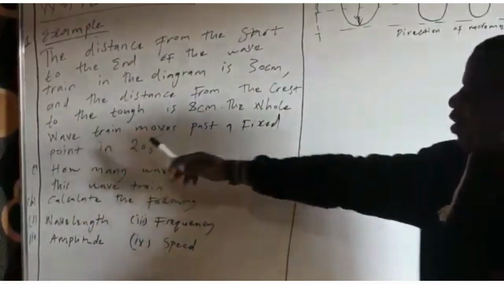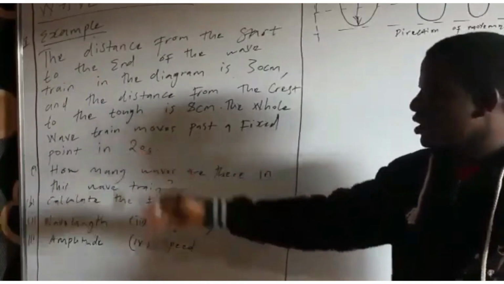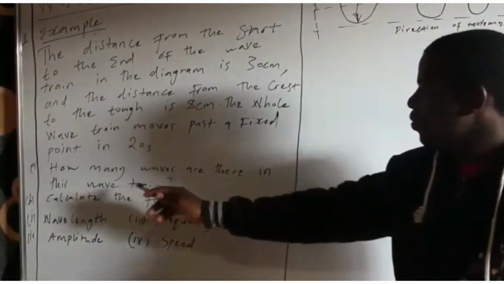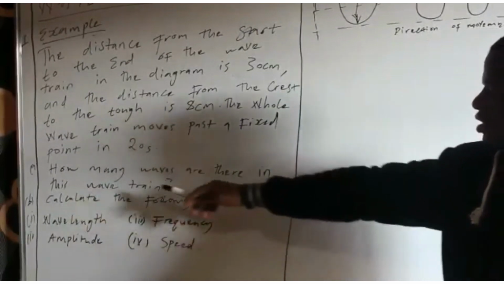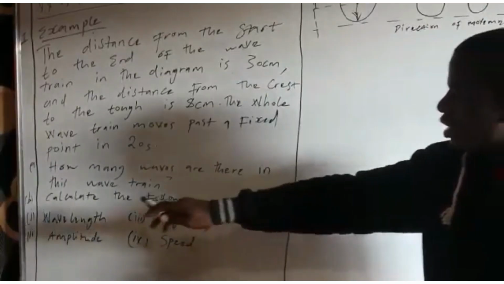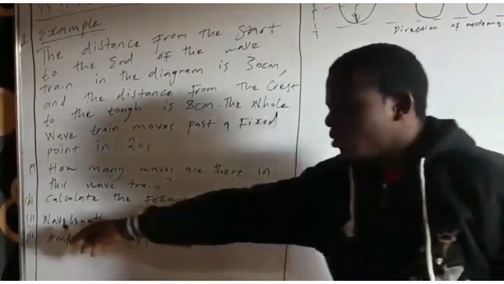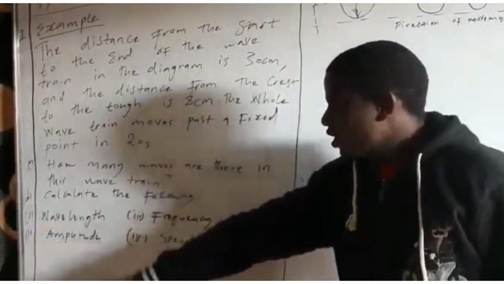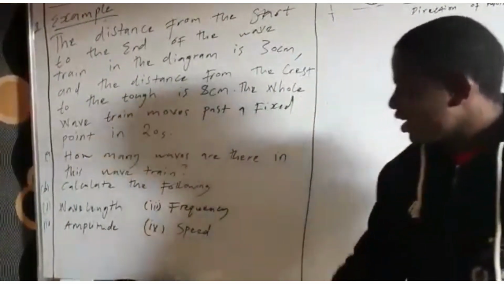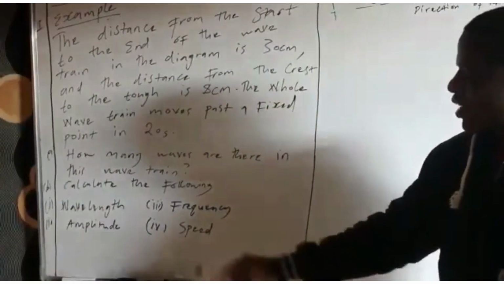The whole wave train moves past a fixed point in 20 seconds. Question A reads, how many waves are there in this wave train? Question B, calculate the following. Roman numeral 1, wavelength. Roman numeral 2, amplitude. Roman numeral 3, frequency. Roman numeral 4, speed.